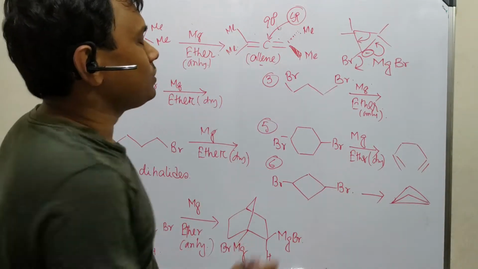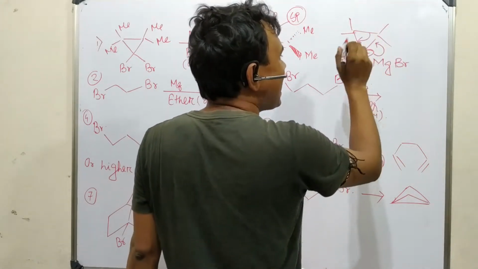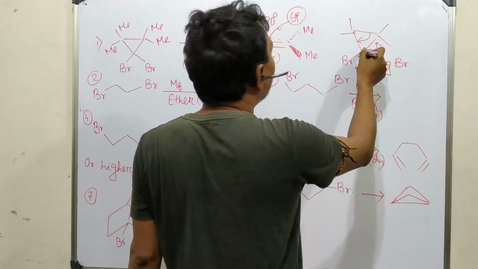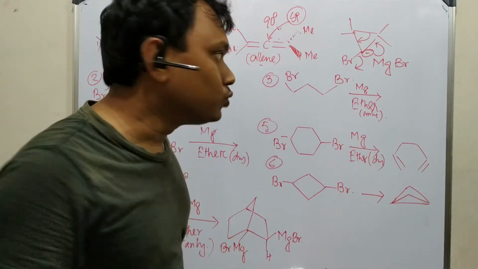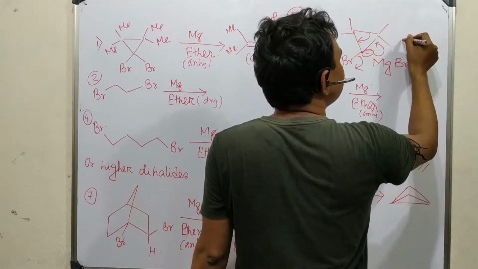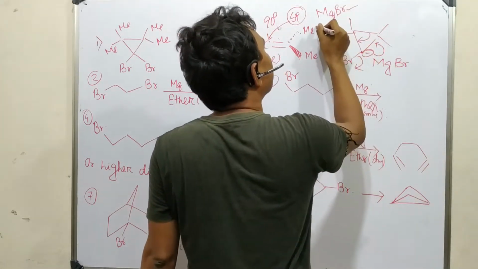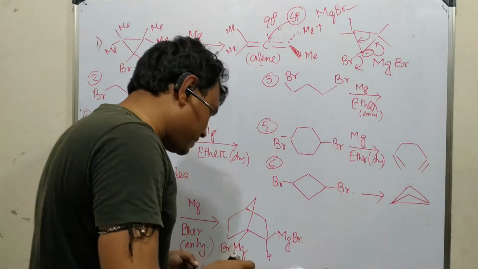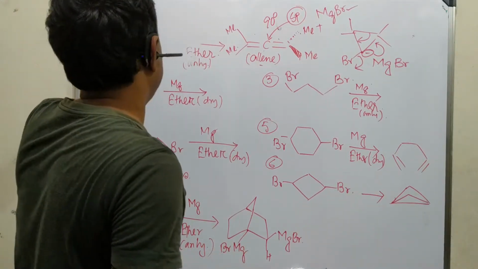Actually the bond between this dimethyl is breaking, and in between this carbon is coming. That's how this allene is formed, and the bromide leaves as MgBr2 plus this allene derivative. It's a strategy or method to prepare such an allene moiety.